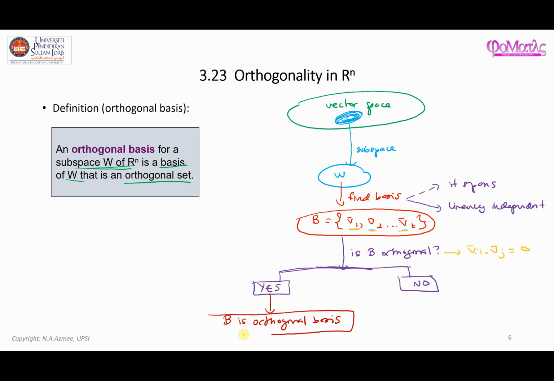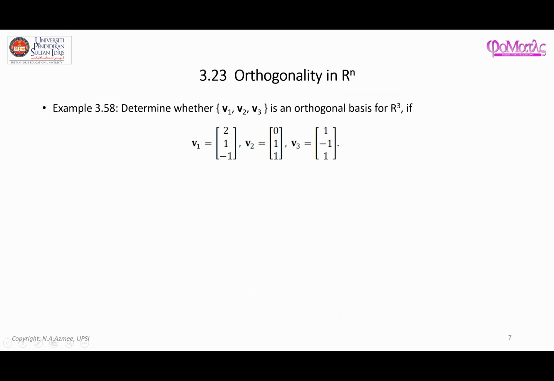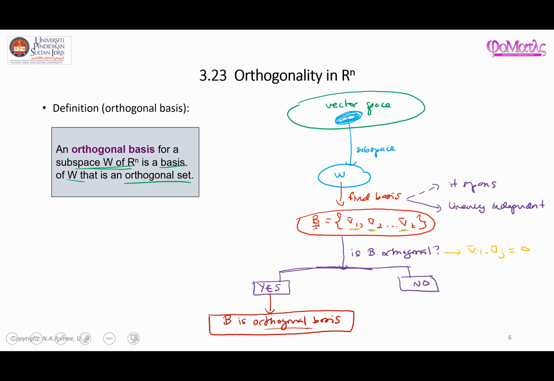That means B is not just a basis, but B is special, and we call it an orthogonal basis because it has the characteristic of being orthogonal. Now, determine whether the given vector here is an orthogonal basis. In order to show that it is an orthogonal basis, we have to follow this process here.